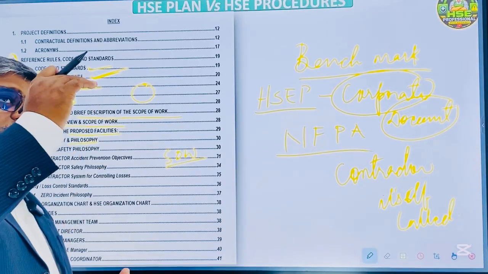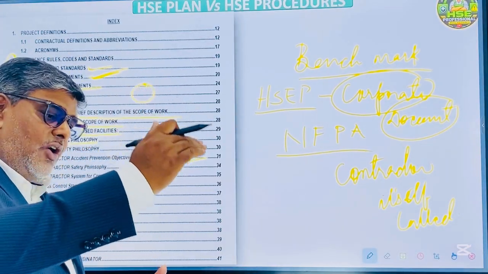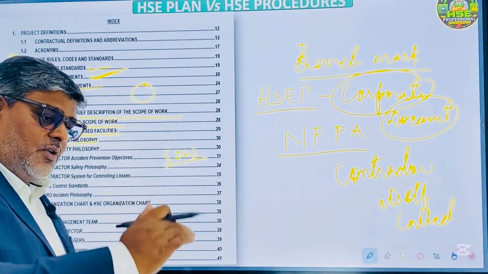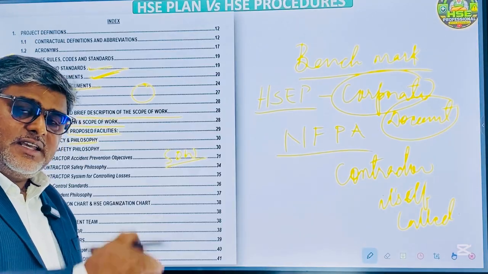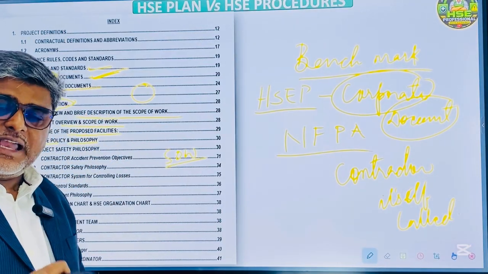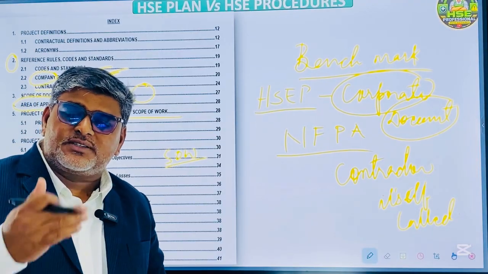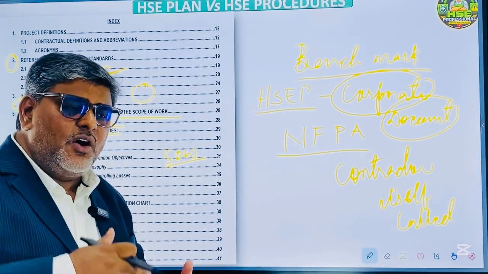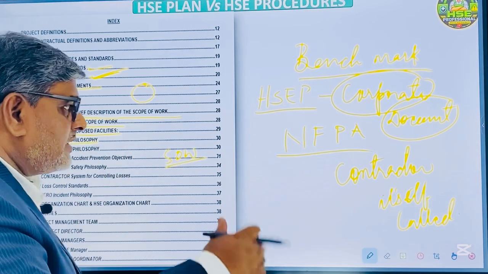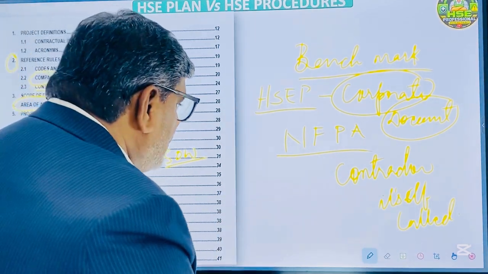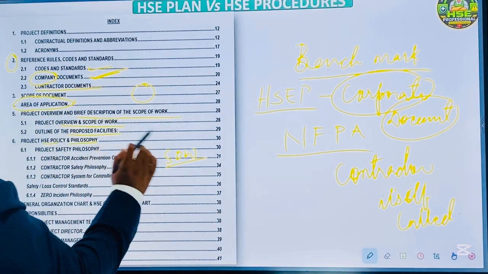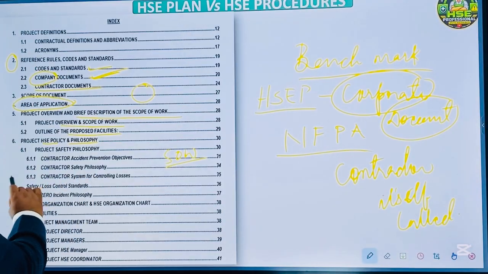That's why it is signed by higher management, and all the line management and down the line, all the teams will follow. Line manager, project manager, construction manager, site engineer, supervisor, workers, safety manager, safety supervisor, all the people need to follow this one. Okay, so policy is very important. And then we can go to the contractor.